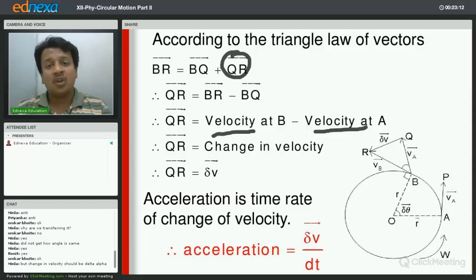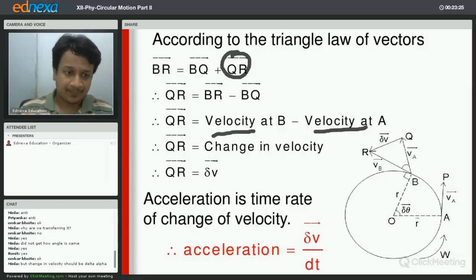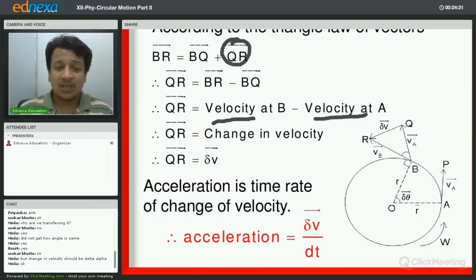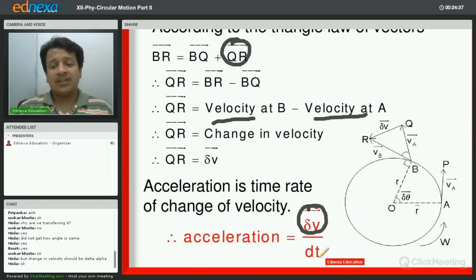Why did we work on change in velocity? What is the formula for acceleration? Change in velocity upon time, no? Is it right? So that's why we first proved QR is change in velocity. Now acceleration is the time rate of change of velocity, so vector delta V upon delta t. Is it right?